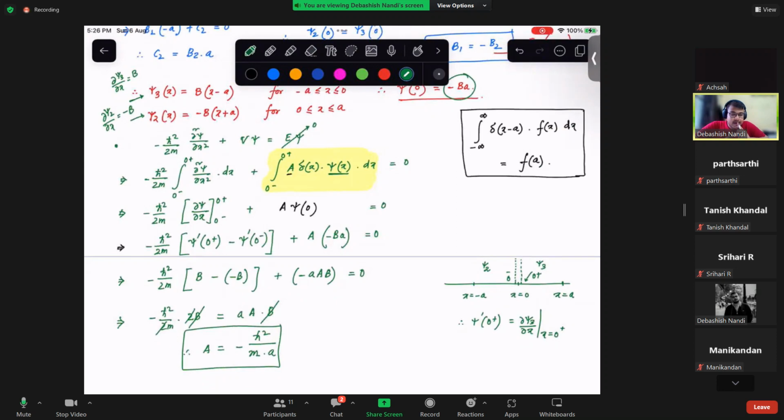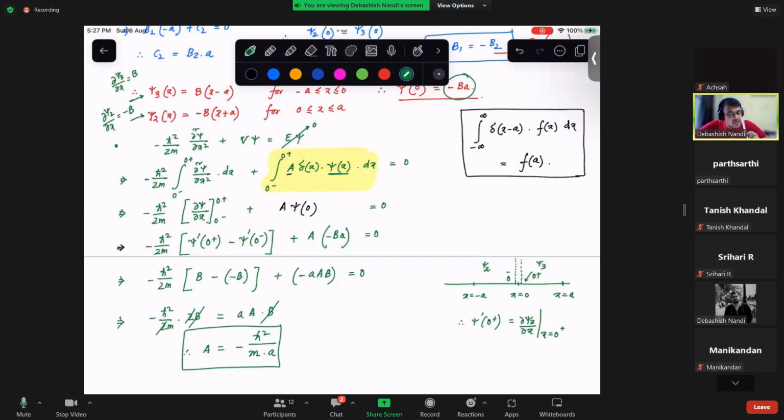Okay. So let me ask you a question. What are the properties of this wave function? Last class we discussed, right? Anyone can unmute and tell me what were the properties of this psi of x? It should be continuous. Derivative also should be continuous. Good.